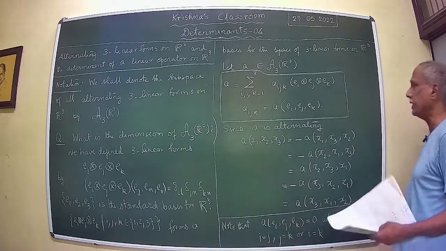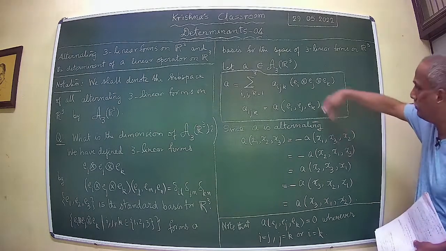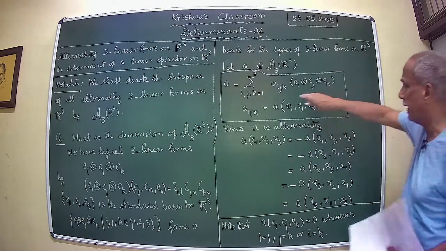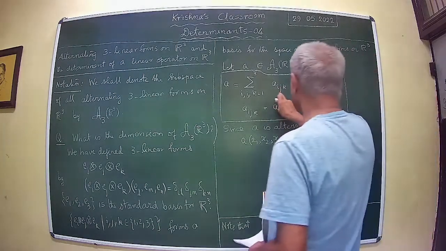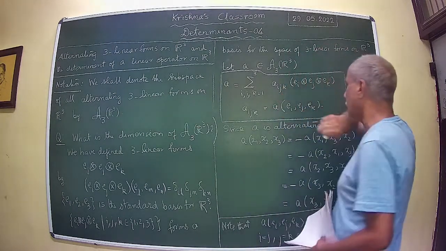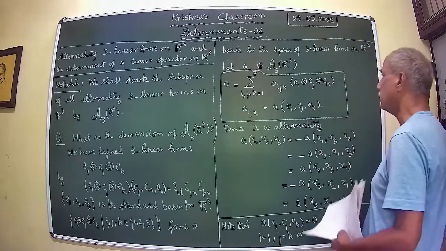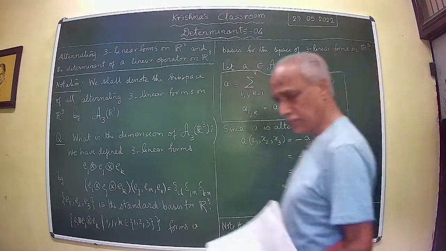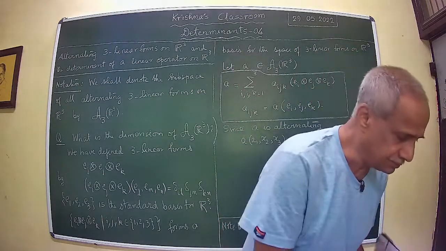This property let us make use of, and then that brings in a lot of reduction, because aijk, whenever a pair of indices repeats, is going to be 0. So this reduces A to the following.